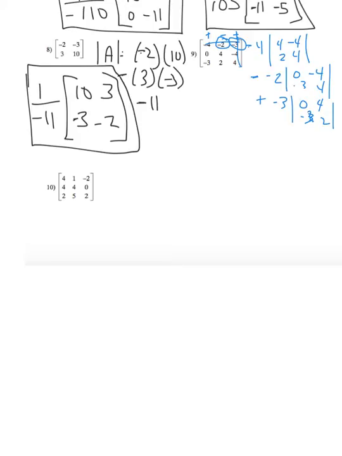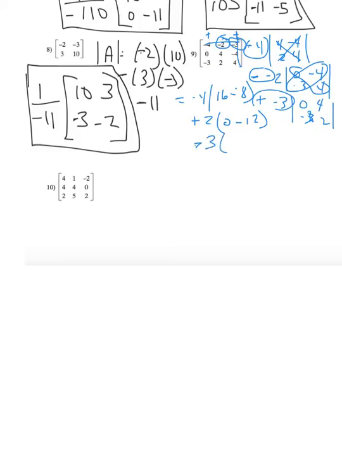Alrighty. So we have this one right here, -4 times 16 minus -8. Here I've got a minus minus, so that will be plus 2. And then it will be 0 times 4, so that will be 0 minus -3 times 4. And then here I've got plus a -3, so minus 3 times 0 times 2 minus 4 times -3.